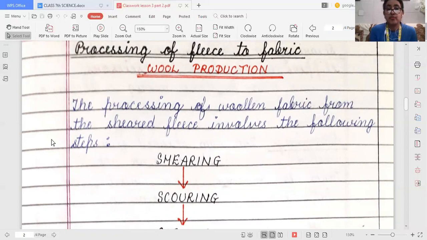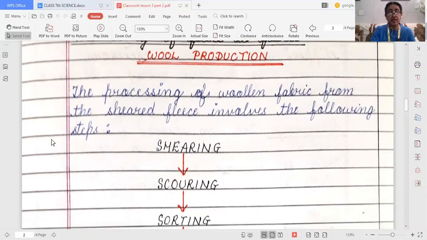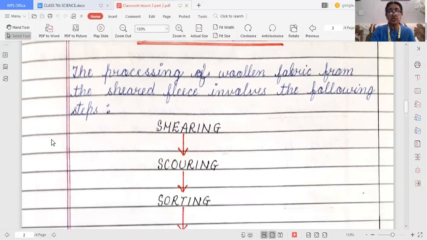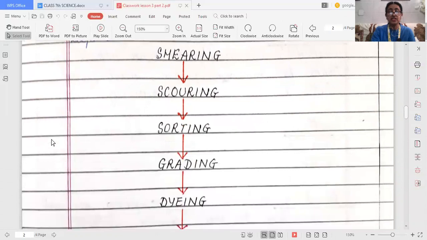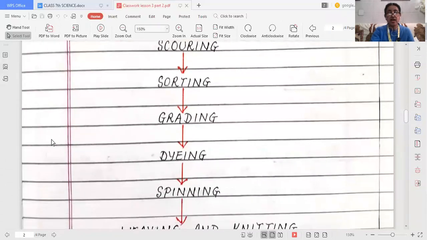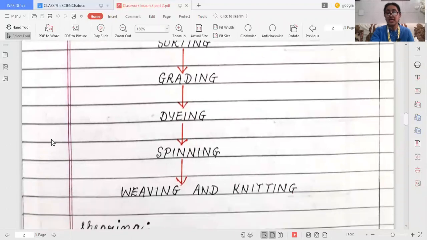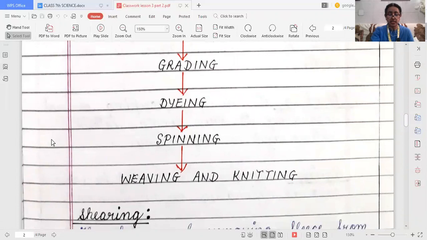Wool production. The process of making woolen fabric from the sheared fleece involves the following steps. The steps are: number 1, shearing; number 2, scouring; number 3, sorting; number 4, grading; number 5, dyeing; number 6, spinning; and number 7, weaving and knitting.